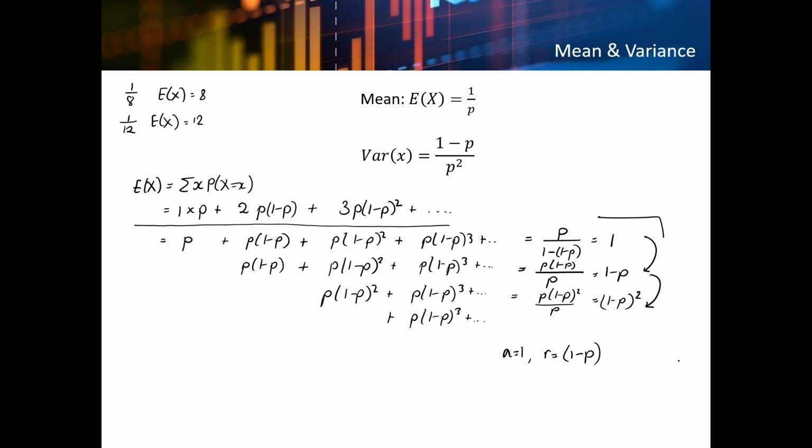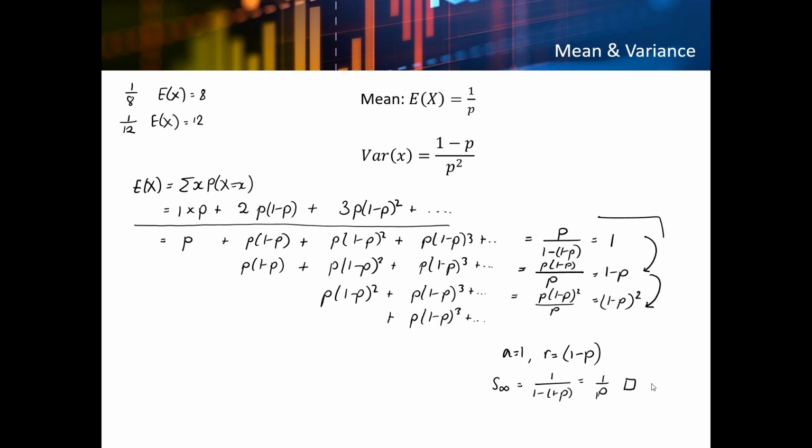And so my sum to infinity in this case is 1 over 1 minus (1 minus p), which is 1 over p. So you can see that using what we know about expected value anyway, and the fact that we're in a geometric distribution, so geometric series is probably going to be fairly handy, we've actually managed to prove it using our standard results that we know right now.